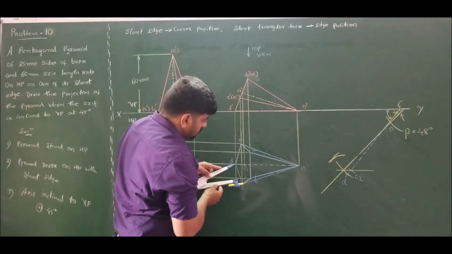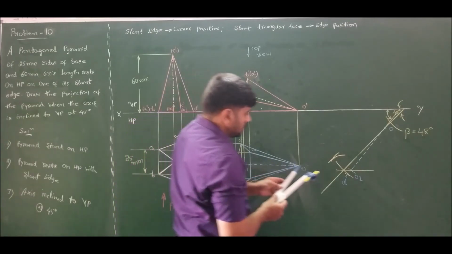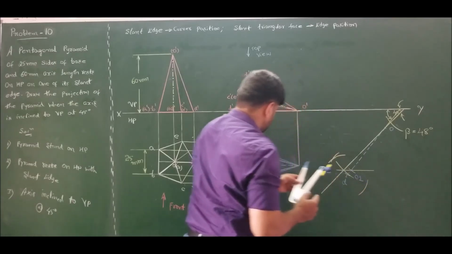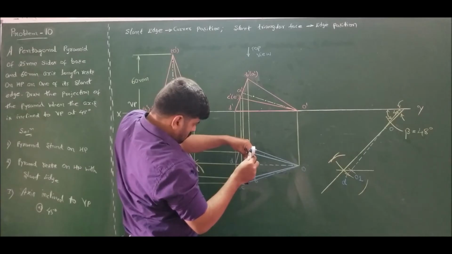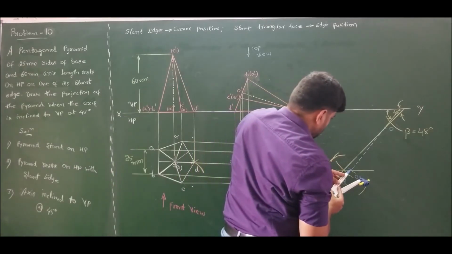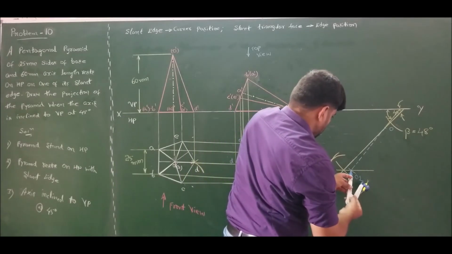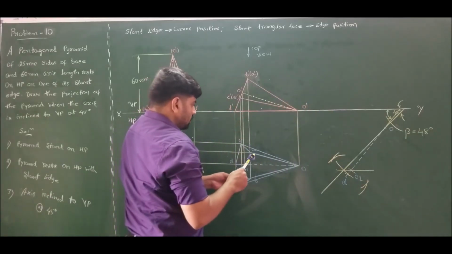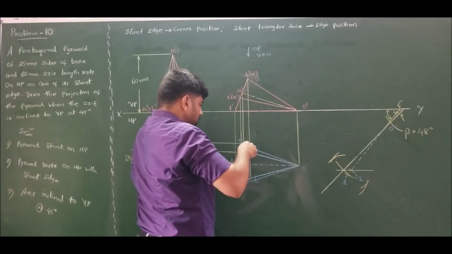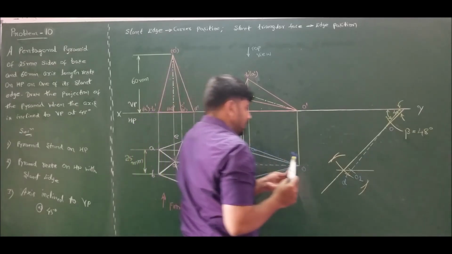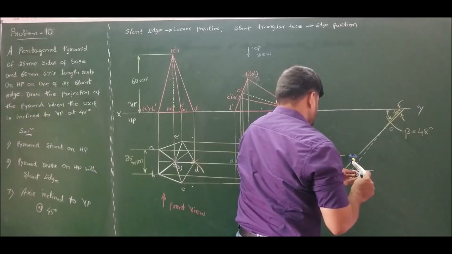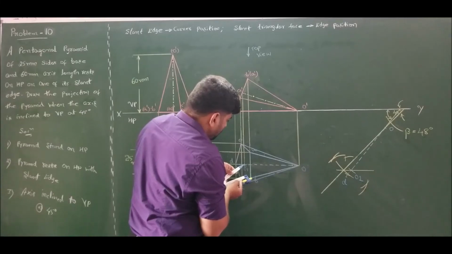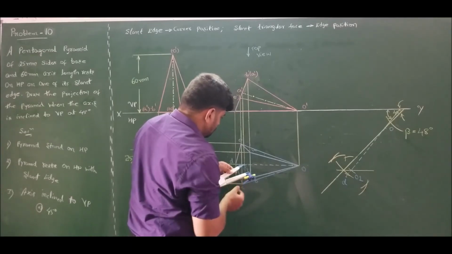Similarly, measure D to C and O1 to C and transfer. Also measure O1 to A and E to A. Similarly, transfer the corner B by measuring O1 to B and C to B.